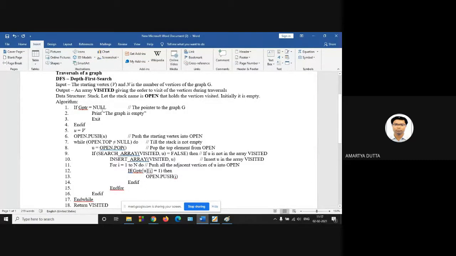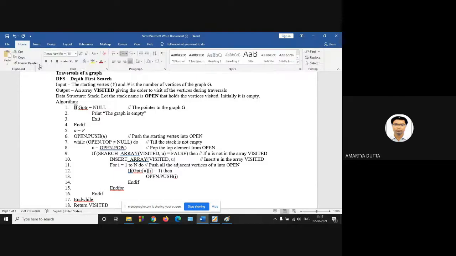So if there is a keyword, first of all, please look at it carefully. If your G pointer is null, this is written in algorithmic form. So if your GPTR is null, that is your graph is totally empty. So write down your graph is empty. Okay, and then exit.